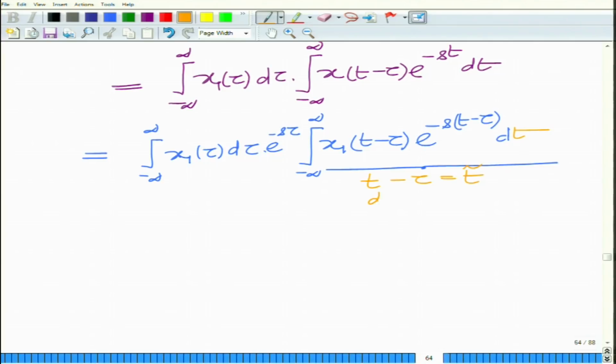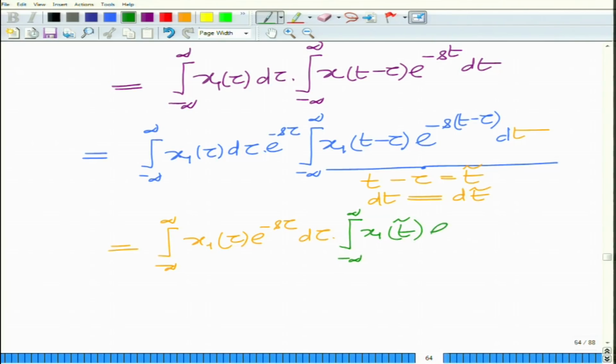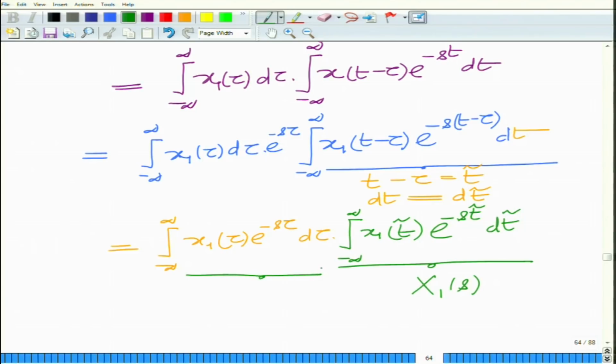I can further write this as the integral from minus infinity to infinity of x1(tau) e raised to minus s tau d tau, into the integral from minus infinity to infinity of x2(t tilde) e raised to minus s t tilde d t tilde, and you can see the first is basically your x1(s), and the second, which does not depend on tau, is x2(s).